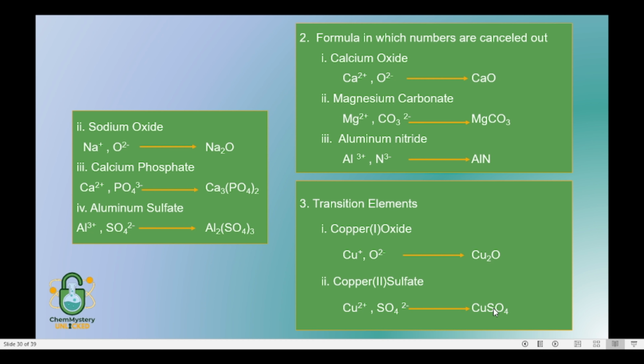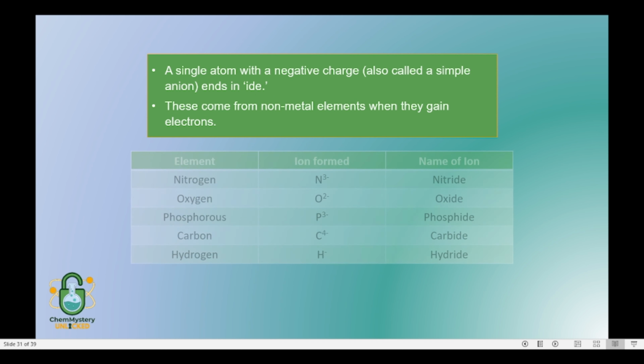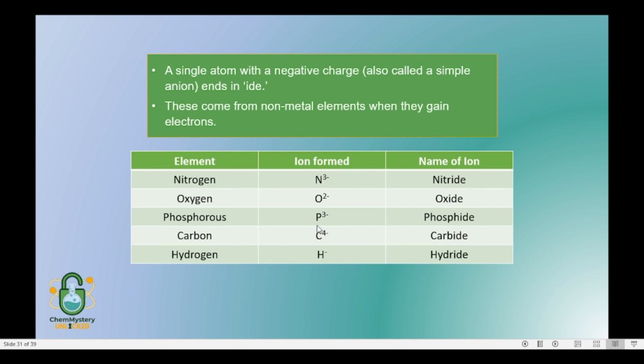Okay. Now a single atom with a negative charge is also called a simple anion. It ends in an "ide". Always remember this. These come from non-metal elements where they gain electrons. As you can see, these elements are non-metals.